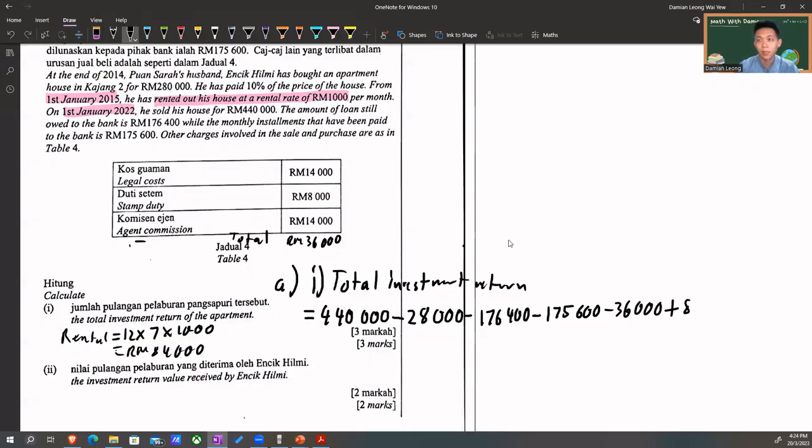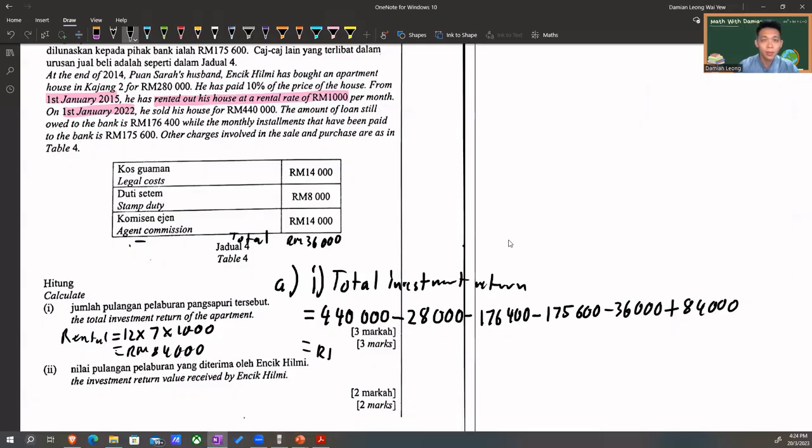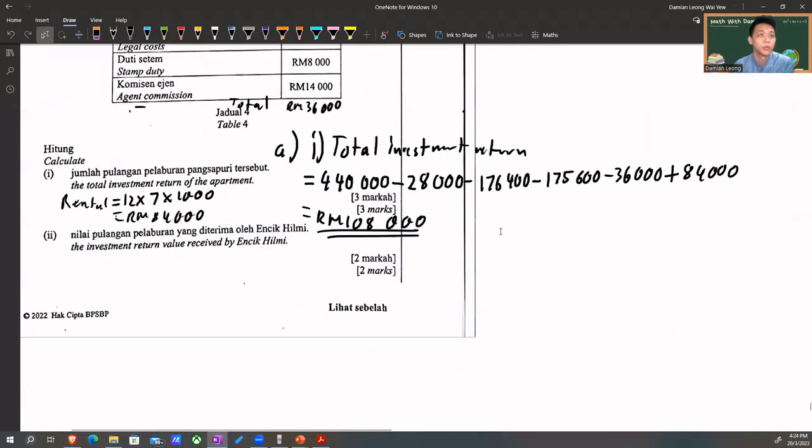So I plus 84,000. So calculate 440,000 minus 28,000 minus 176,400 minus 175,600 minus 36,000 plus 84,000. So we get 108,000. That is the total investment return.